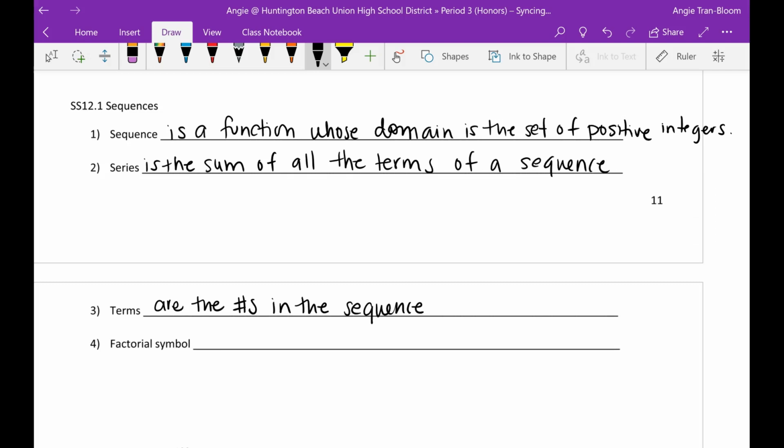Factorial symbol. Usually we use this symbol right here. So n factorial means it's n times (n minus 1) times ... times 3 times 2 times 1.